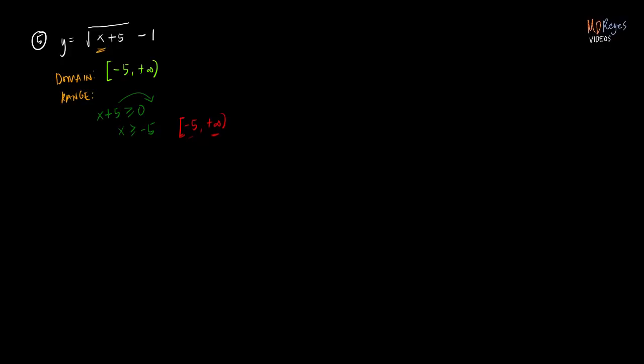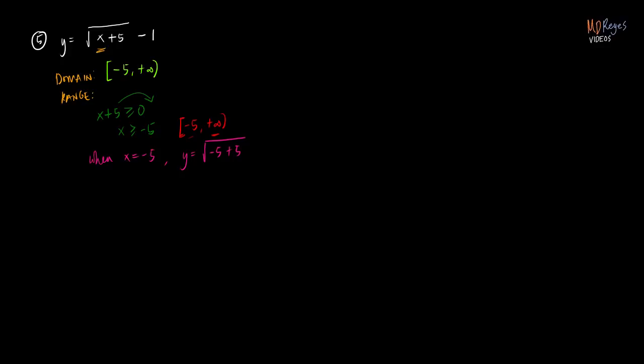Now for the range of the function, for this we have to consider the -1 in the function. Okay, the -1 over here in the function. Okay, so since we have a square root symbol involved in the function, and the lowest value that we can substitute for x is -5, then whenever x is -5, we have y equals square root of negative 5 plus 5.